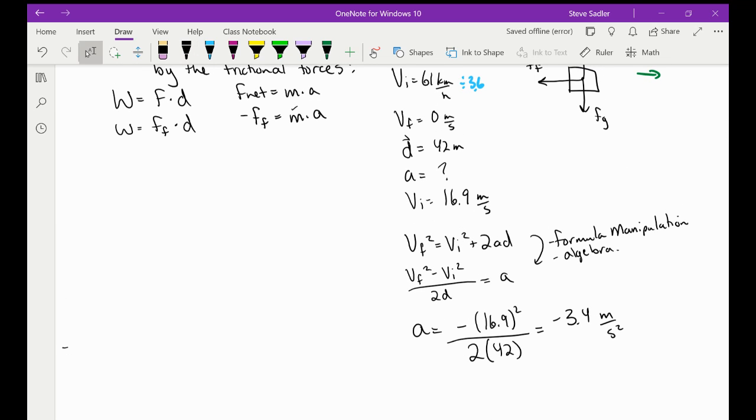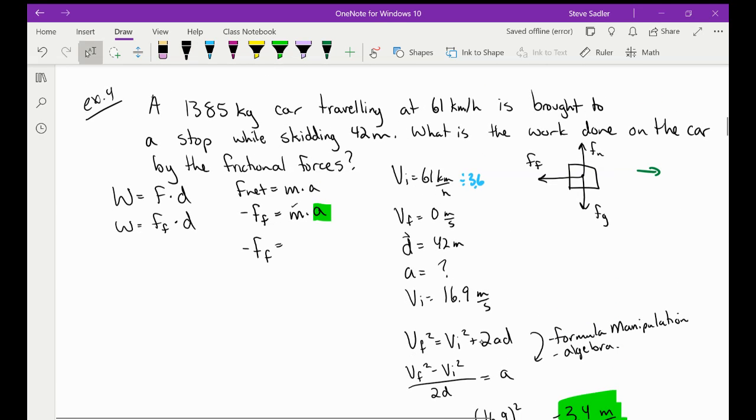So now we can plug that in up here. So now we know our negative force of friction is going to equal mass, which was 1,385 multiplied by negative 3.4.